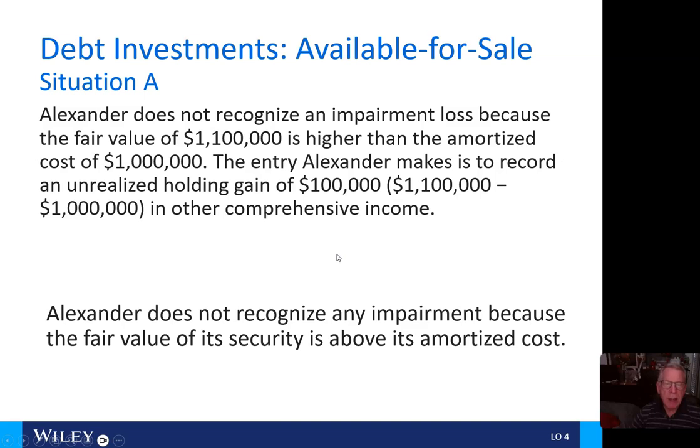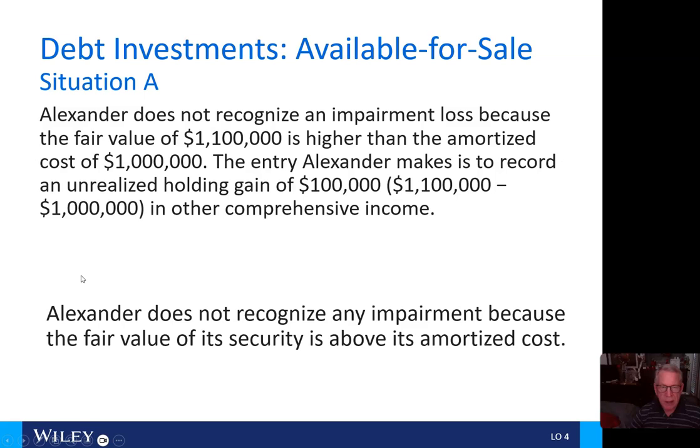The entry Alexander makes is to record an unrealized holding gain of $100,000 in other comprehensive income, and that's the $1,100,000 less the $1 million.